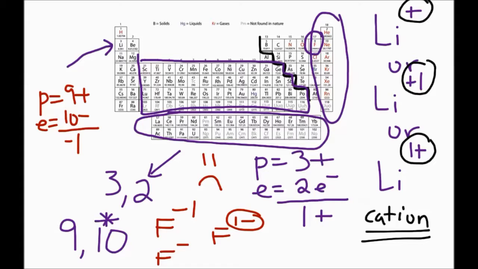I say lose because they are all metals, which means they're going to be losing electrons. So they will still all be positively charged, but there's no way of looking at the periodic table and knowing right away how many electrons they're going to lose. And I'll show you later on when we get to chapter 4 how you'll be told how many electrons those are going to lose.